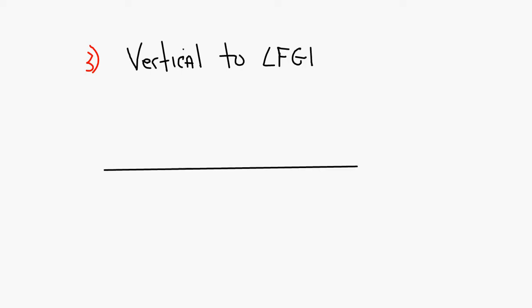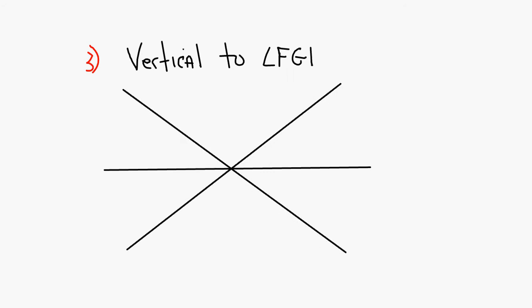Number 3 will ask you for something vertical to FGI. Remember, vertical means opposite.